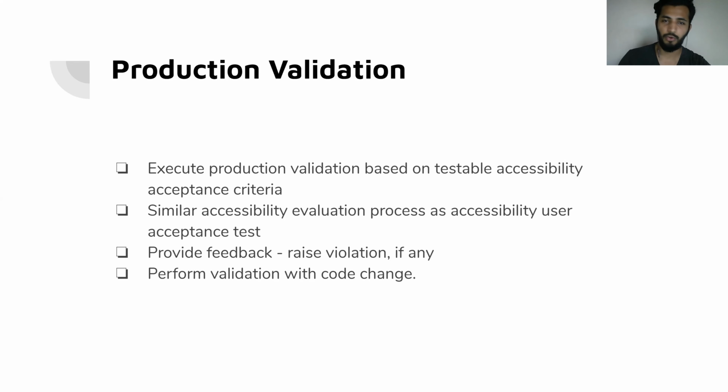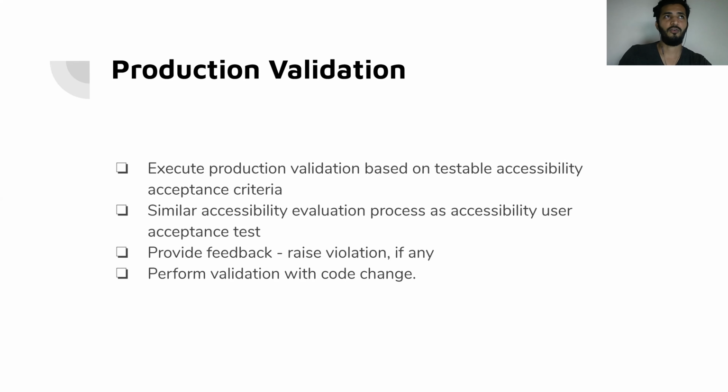So execute production validation based on testable acceptance criteria, using a similar accessibility evaluation process as the accessibility user acceptance test, and provide feedback and raise violations if there are any. If a violation that was not present during the final UAT evaluation has been identified due to some code changes, that needs to be raised and fixed immediately.